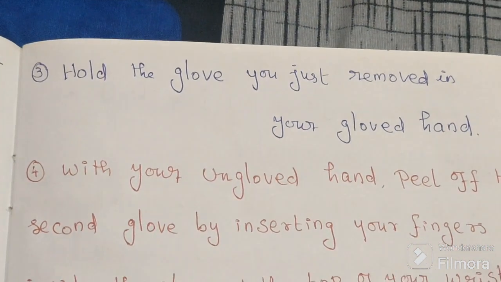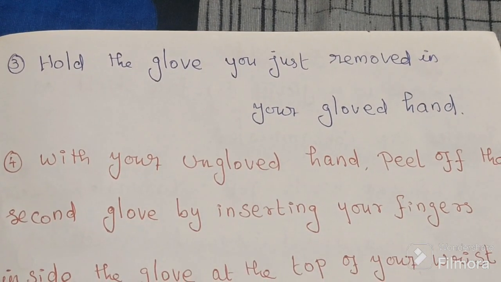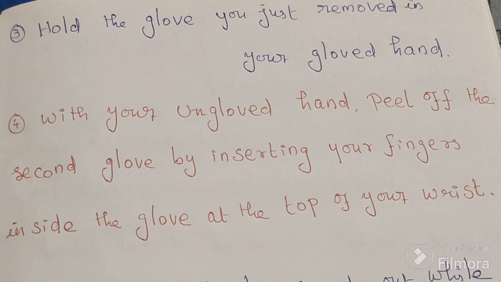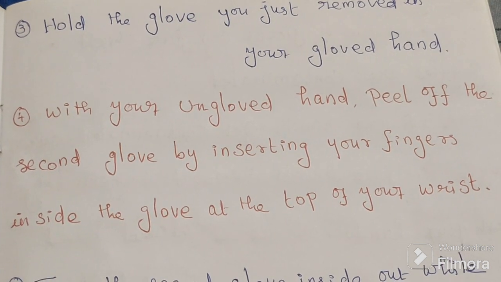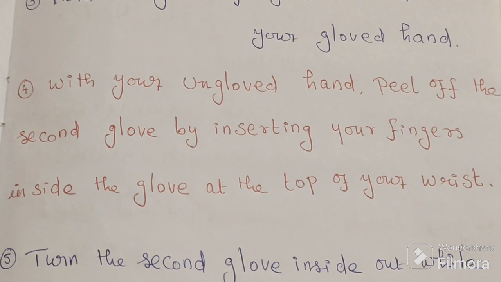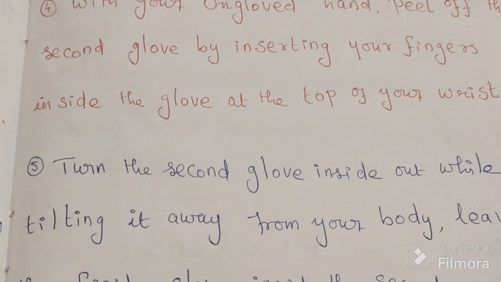Then hold the glove you just removed in your gloved hand. With your ungloved hand, peel off the second glove by inserting your fingers inside the glove at the top of the wrist.